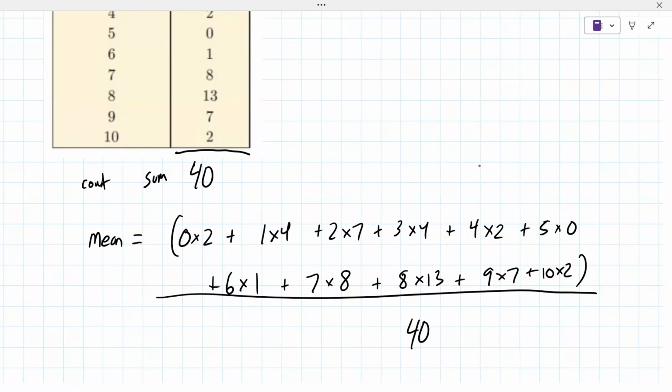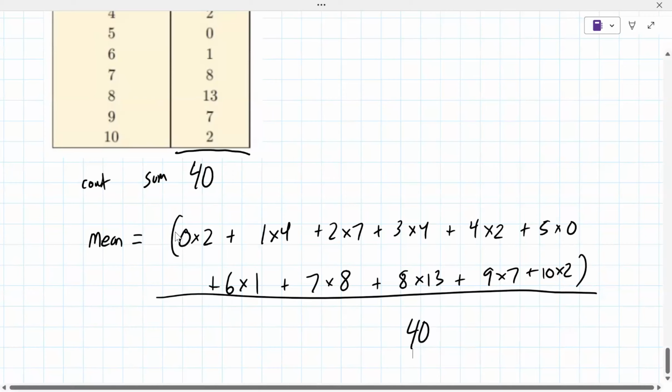So then, oh right, I need to put that all into my calculator. I still want to do parentheses outside that.